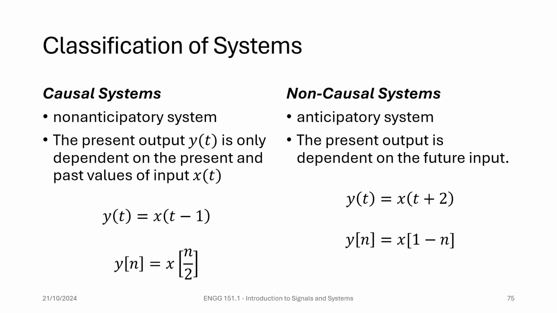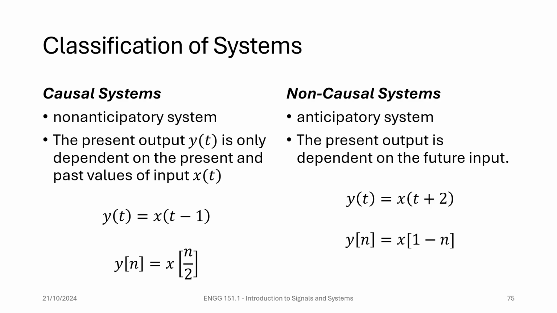It is only dependent on the present and past values of input x. So we will not see a positive time shifting. Rather, when the time shifting is negative, that is already a non-causal system, meaning there is a dependency on the future input of the system.